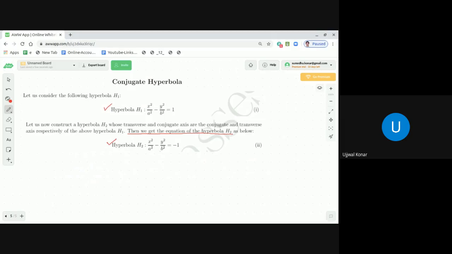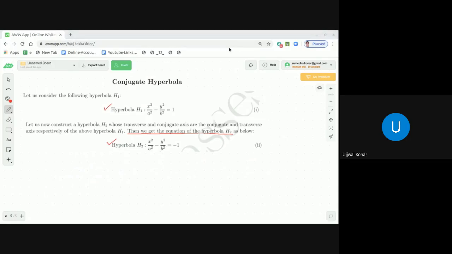It's just an interchange. So the hyperbola we are going to construct, H2, has its transverse and conjugate axis as the conjugate and transverse axis of the hyperbola H1. Then its equation should be x square by a square minus y square by b square equal to minus 1. Correct, dear students? So that will be its equation.